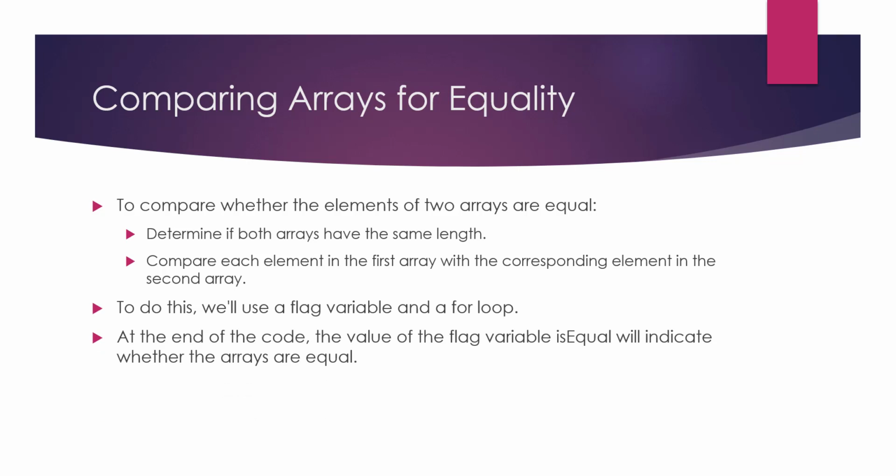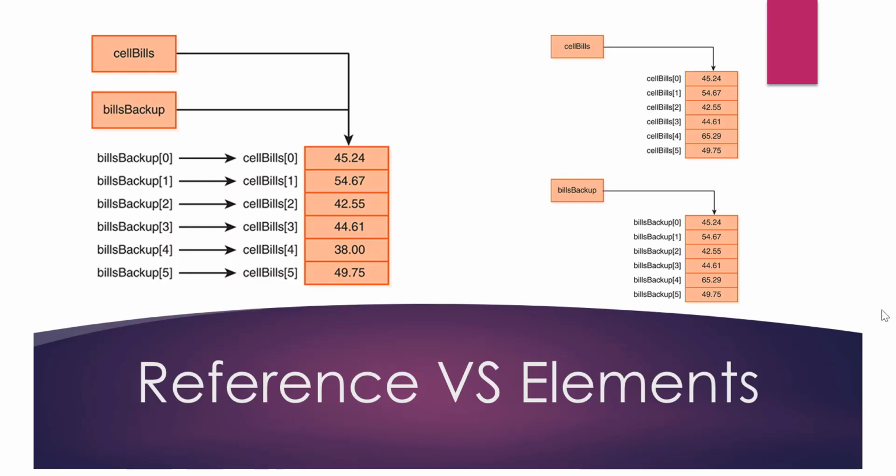At the end of this operation, we will check if this flag is true. If it's true, that means the two arrays are equal. If it's not true, that means the arrays are not equal. So again, we are not checking the references. If we use the equality operator, is it equal to the backup, that will just check if they both point to the same location. What we want to do is check element by element to make sure that they are equal.